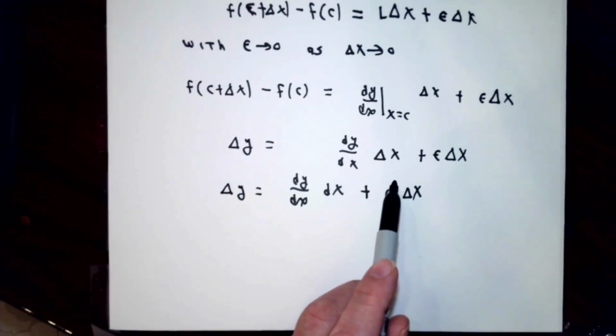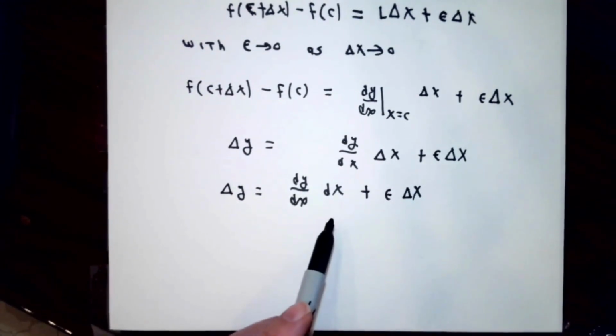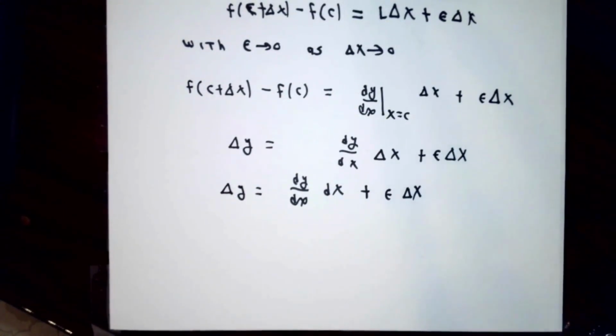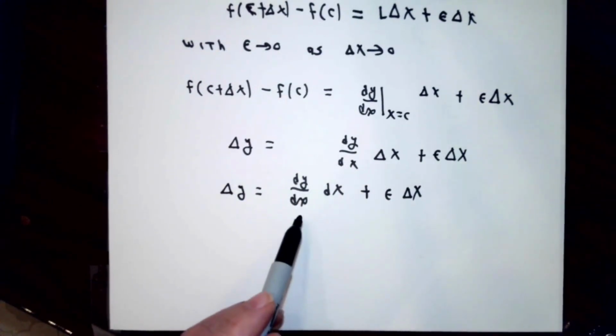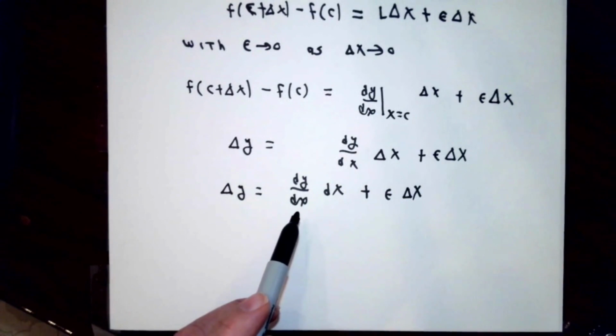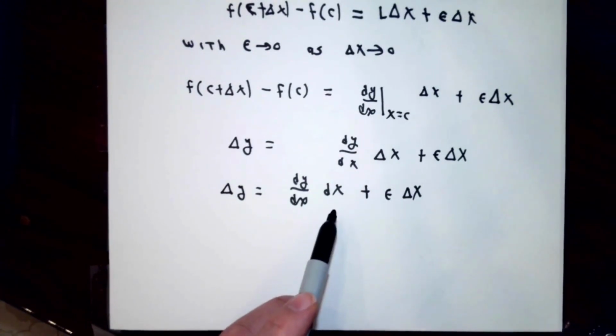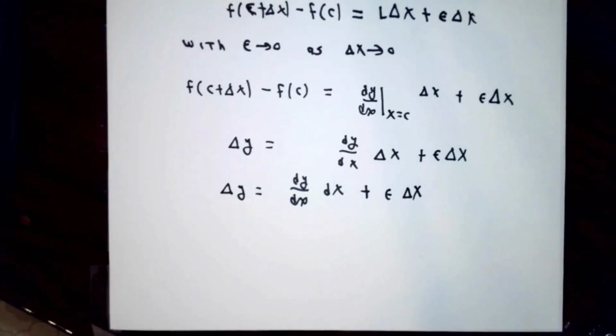One of them is delta x, and the other one is dx. This is terrible notation. This is not a fraction, and that dx is not a number. But that one is. Awful notation.